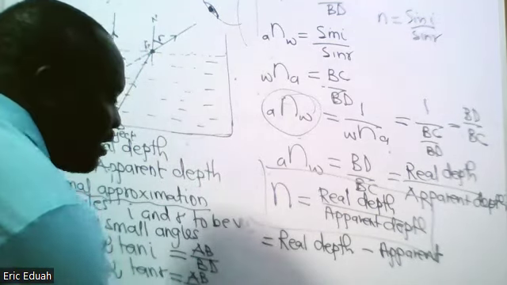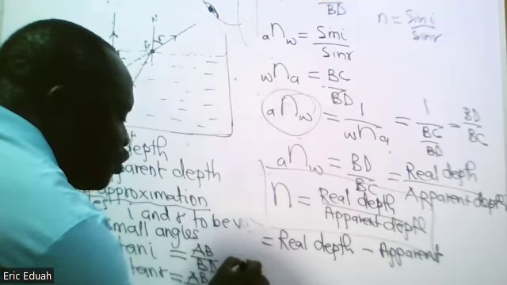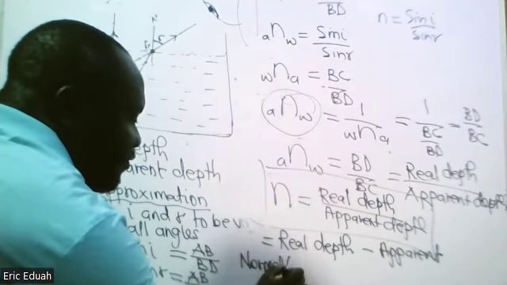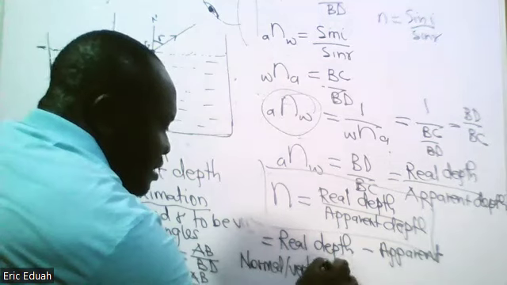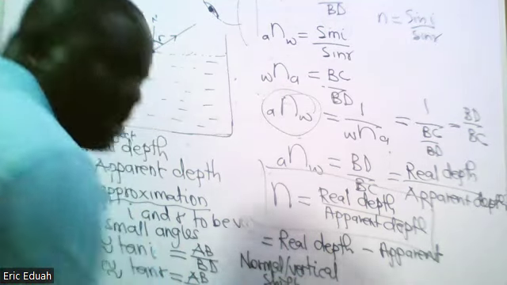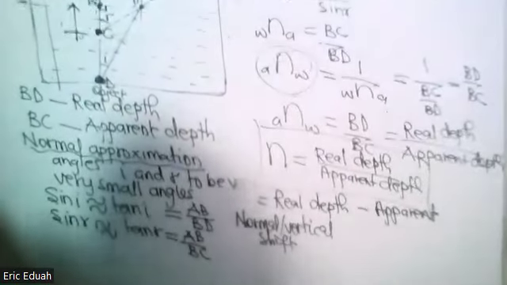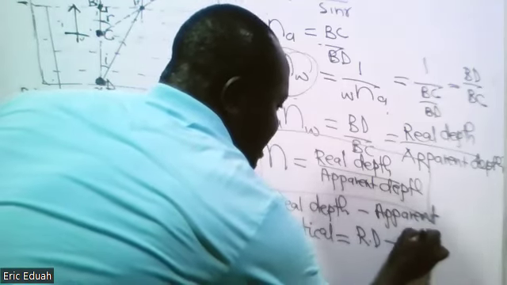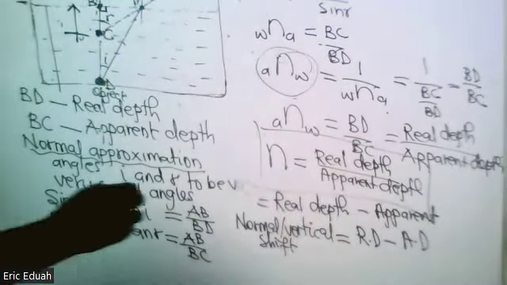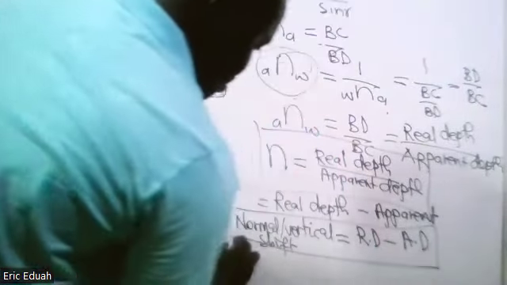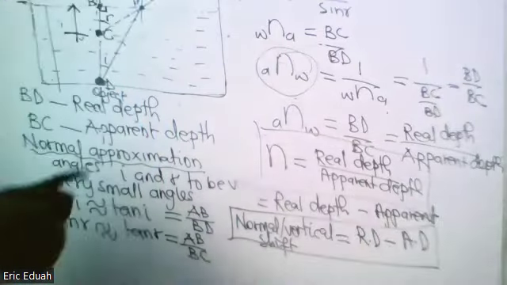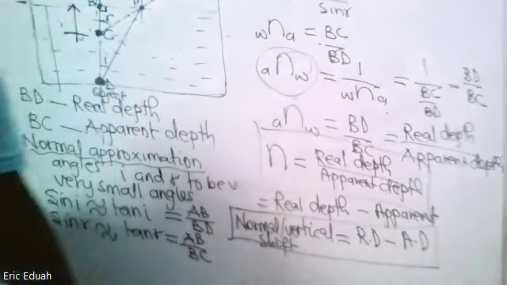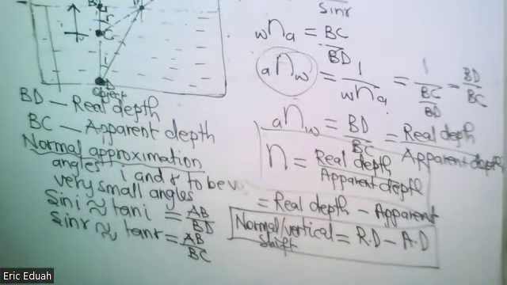We call this the vertical shift or normal shift. Normal vertical shift is equal to the real depth RD minus the apparent depth AD. So the vertical shift, the normal shift or vertical displacement is equal to the real depth minus its apparent depth AD. Please, is that okay?